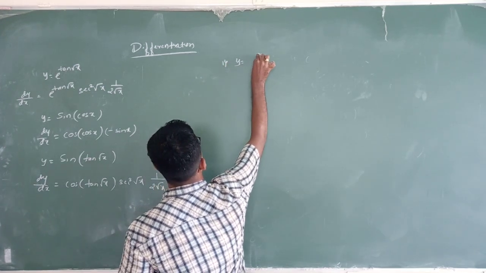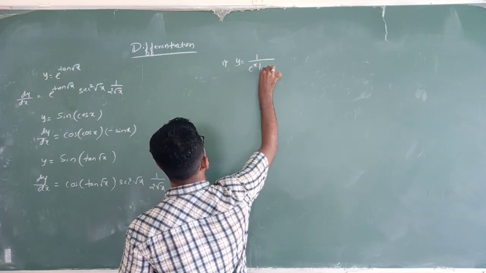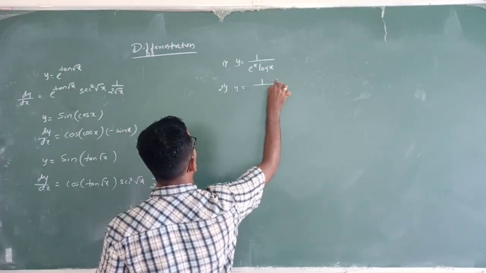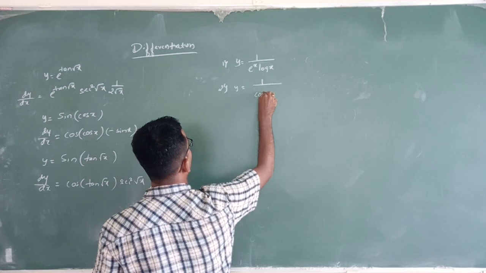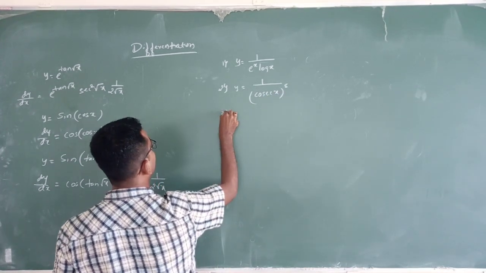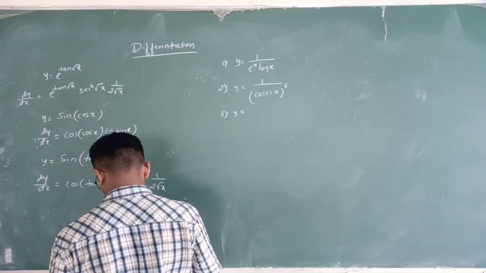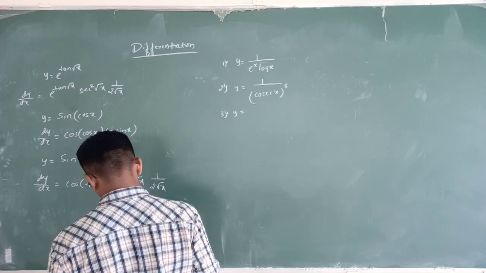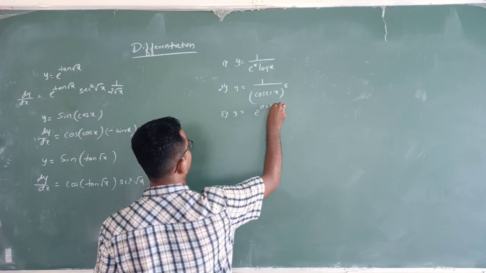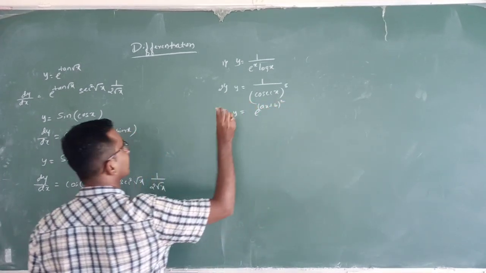Y equal to 1 divided by e raised to x log x. Second, y equal to 1 divided by cosec x whole raised to 8. Third one, y equal to e raised to ax plus b whole square.